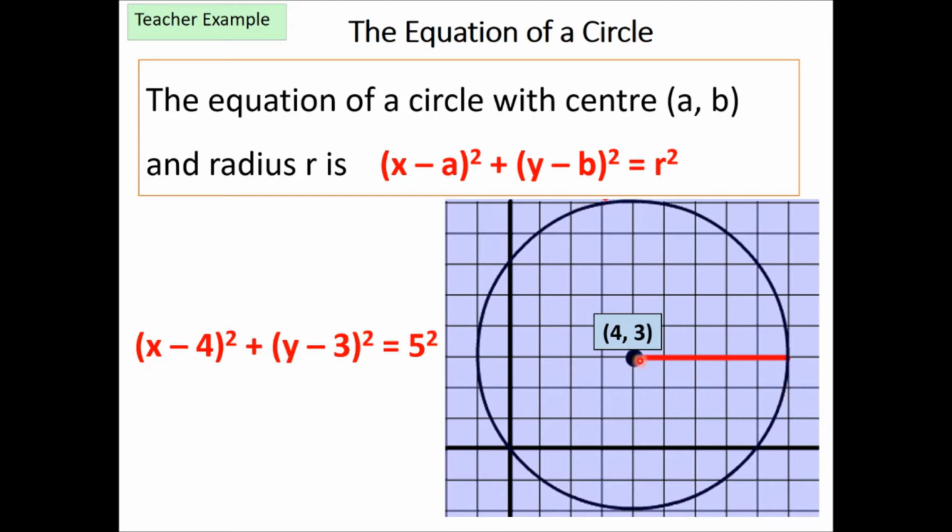And again, r being 5 centimeters, we can work out the r squared part, that is equal to 25. Now, if you were to solve these two brackets, x minus 4 equals 0, so x equals 4, and y equals 3. You can see that that actually equals the center of the circle.